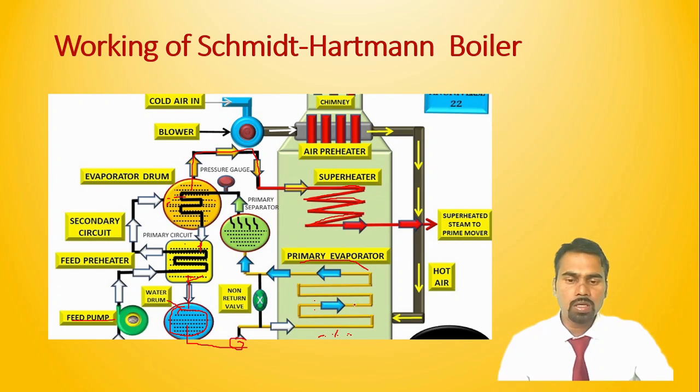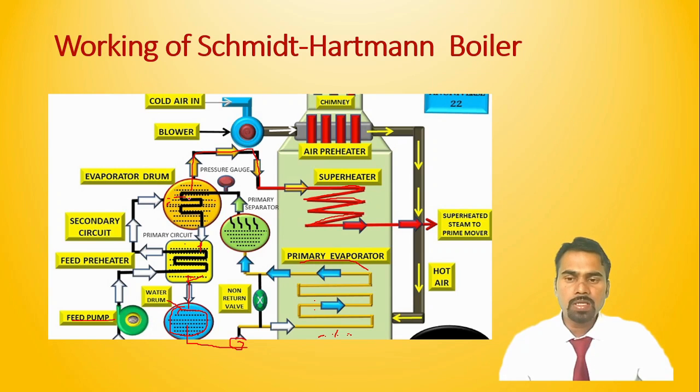Because this tubing is placed in the combustion chamber, so heat exchange takes place between the cold water and the flue gases, and this water becomes saturated, and the temperature and pressure increase, and it enters into this primary separator, where the separation of the water and steam takes place, and this steam we send into this evaporator drum, to this pipe.